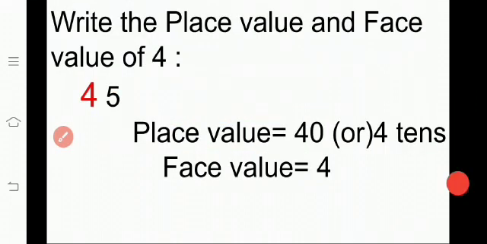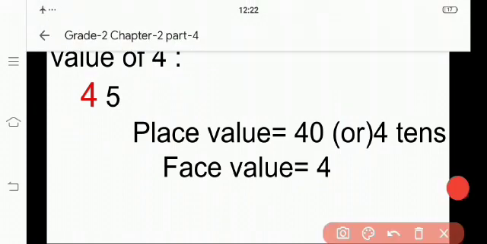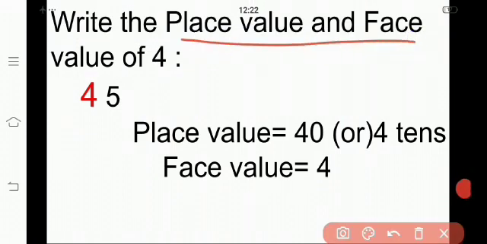Okay, children. Our first example, write the place value and face value of 4. See, children, what we learnt about place value? Yes, place value is the value of the digit according to its position in the number, such as ones, tens, hundreds.